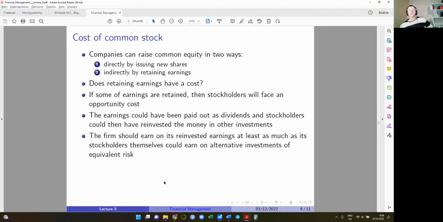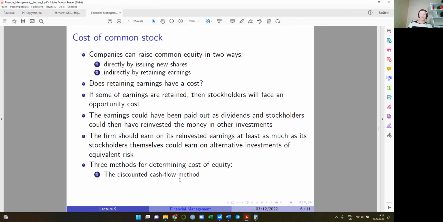Now the question is, how do we know the opportunity cost? And the answer is simple. There are three different methods, and one of these methods is known for us already, which is the discounted cash flow method.